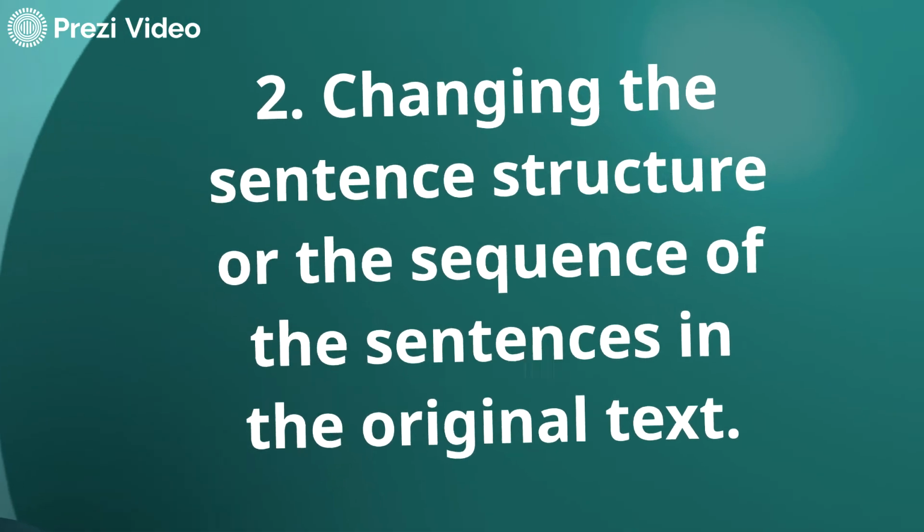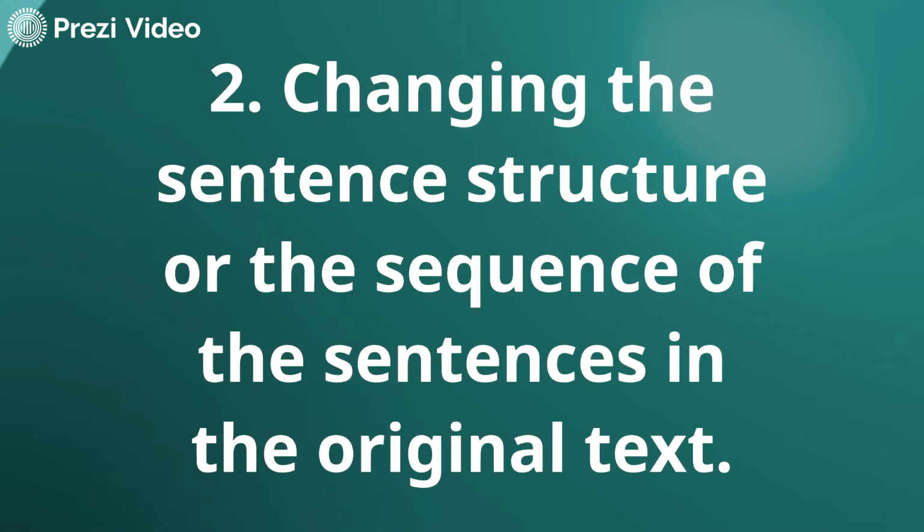Second, we can also further paraphrase a statement not only by changing the words but also changing the sentence structure or even the sequence of the sentences in the original text. We can switch how the sentences were arranged in the original text and then rearrange them in the paraphrased version.